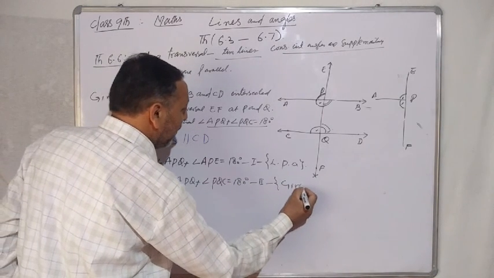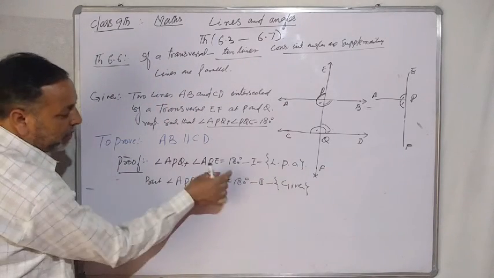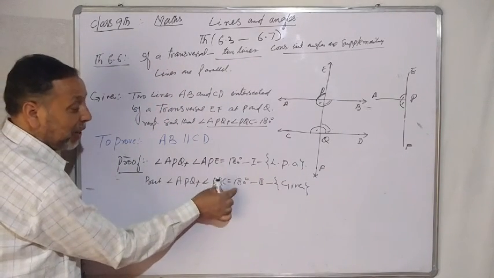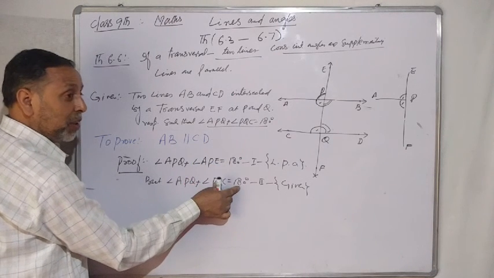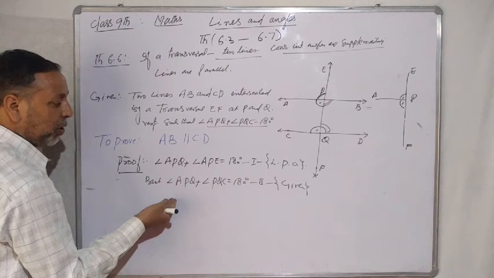This is given. Now comparing equations first and second, the right hand sides of both equations are equal. When the right hand sides of two equations are equal, that means their left hand sides are also equal.